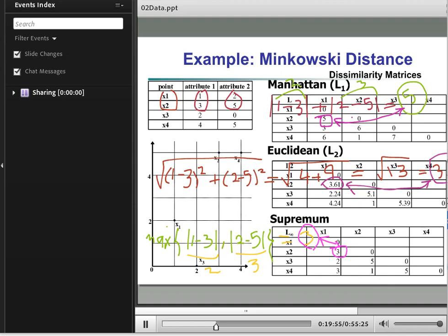But as I'm looking here, I see that the Euclidean distance calculation is more difficult than the others. Manhattan distance is simple, supremum is simple, but Euclidean distance is harder to calculate. It's not hard, but it's difficult with respect to Manhattan and supremum.